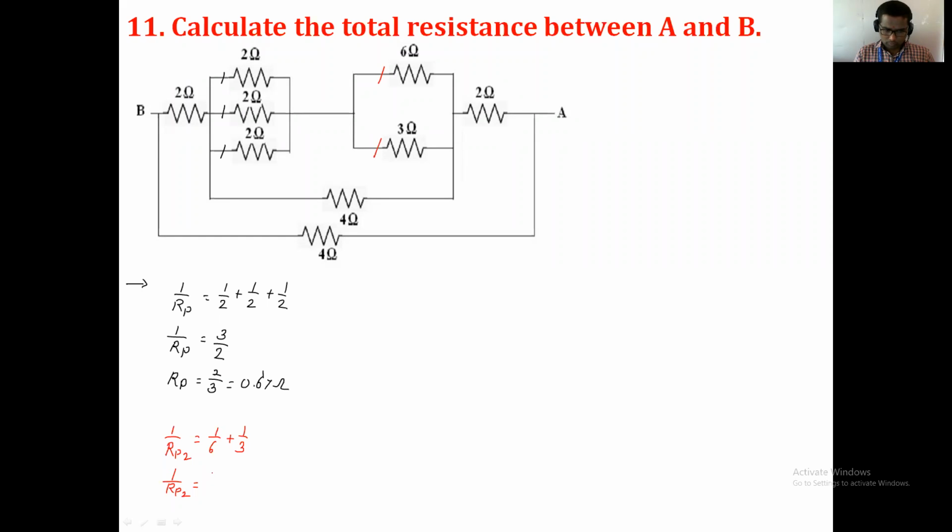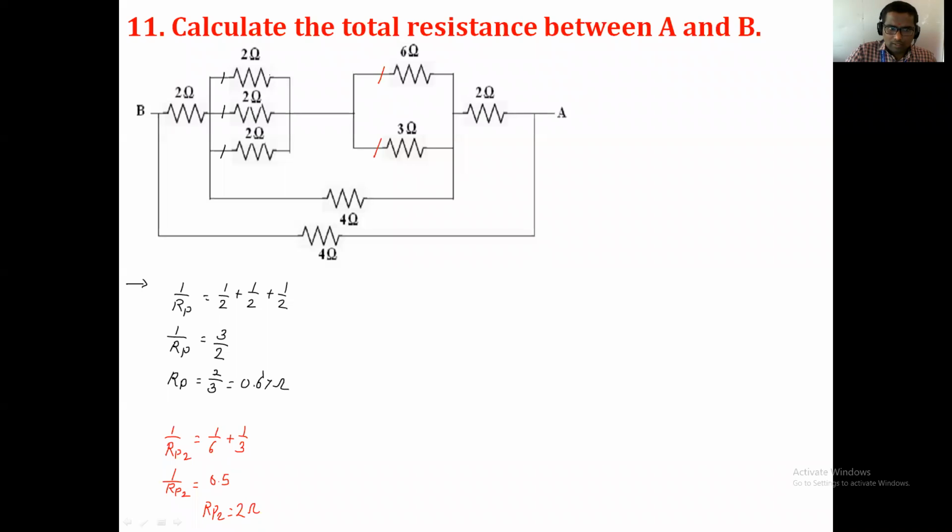So Rp2 is equal to 2 ohm. Yes, Rp2 is equal to 2 ohm. Okay, no problem.